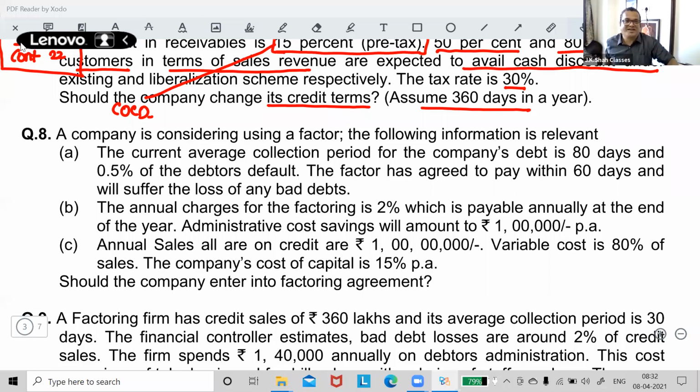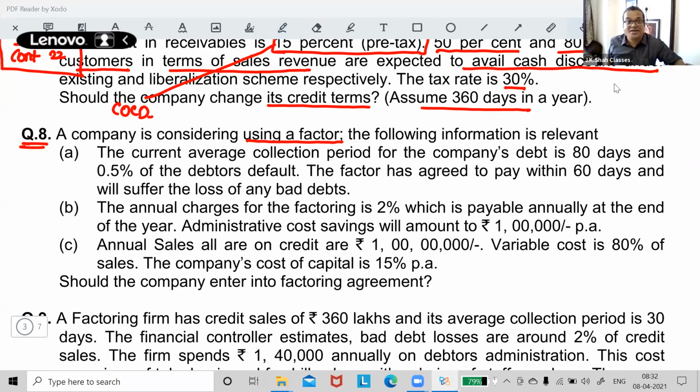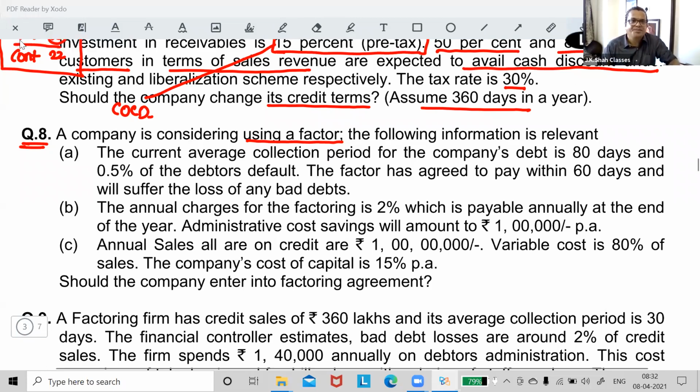Let's come to question number 8. The company is considering using a factor. Great, congratulations to them. They add to our work, but the following information is relevant. Please don't chat in the chat box other than the relevant information. Okay. Current average collection period for the company's debt is 80 days.